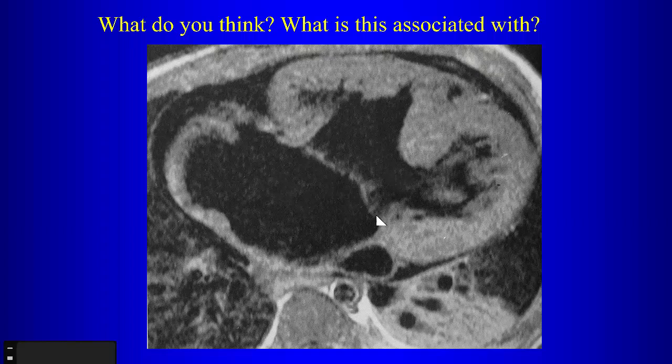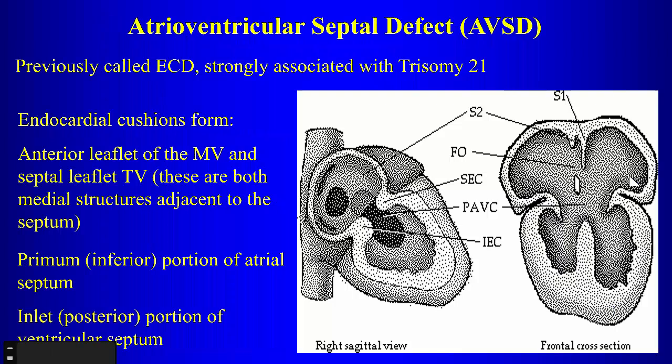In the complete form, you have one common bridging valve going across, big ASD, big VSD, right? So a real problem with the endocardial cushions. They contribute to the formation and the separation right in the center of the heart, okay? So you can have ASDs, VSDs, and in the complete form, one common bridging valve going all the way across.